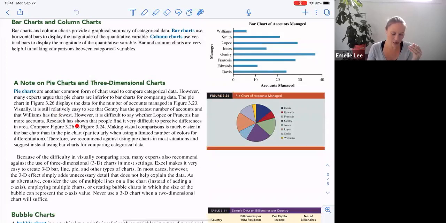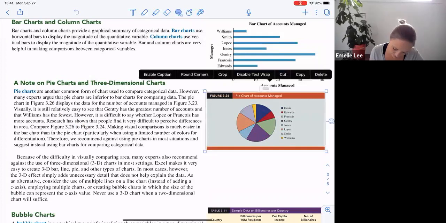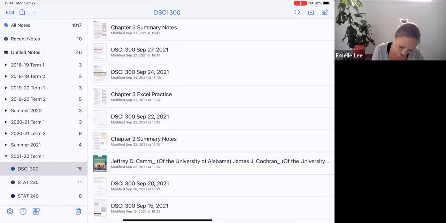there are some warnings here: don't overcomplicate things. One key thing to remember about a pie chart is that it's really hard to see the differences between the sizes of the slices. So if we're looking at this graph here, let me bring it in.